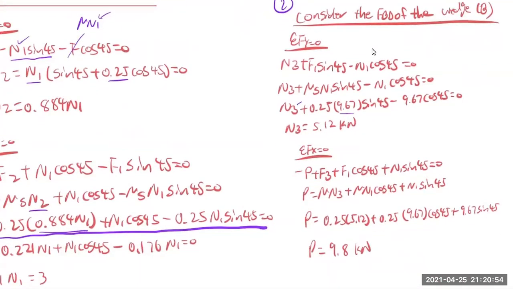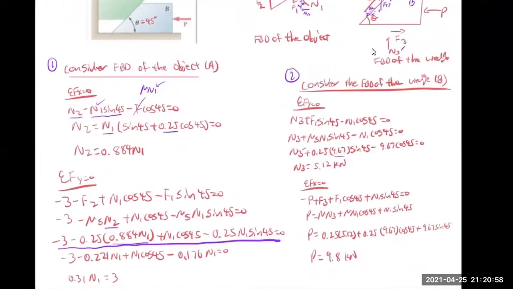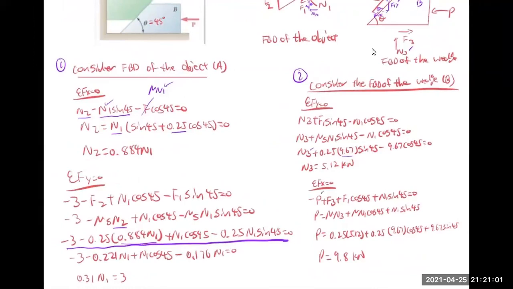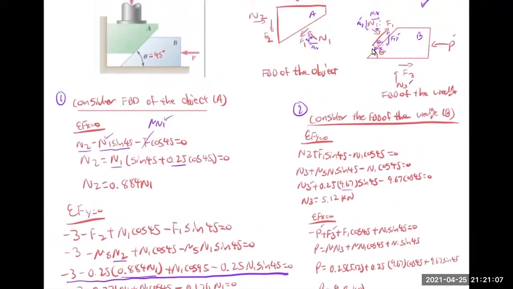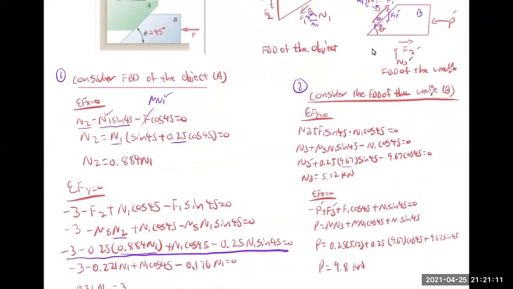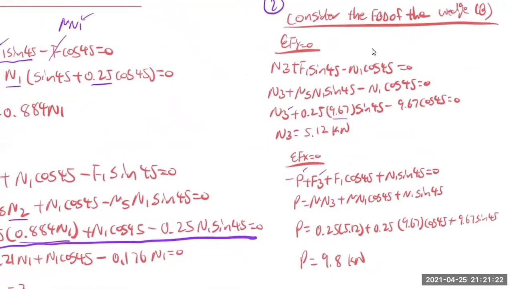Okay, and then the summation of the forces in the x direction. So in the x direction, I have this force P and then the F3. Okay, so P is going to the left, so it's negative, and F3 is going to the right, so it'll be positive. And then plus the F1 cosine 45 and plus the N1 sine 45, which will be the force components in the x direction. Okay, and then I just rearrange this in terms of P because that's the thing we're trying to solve.